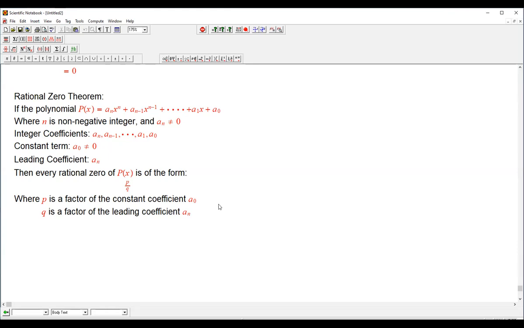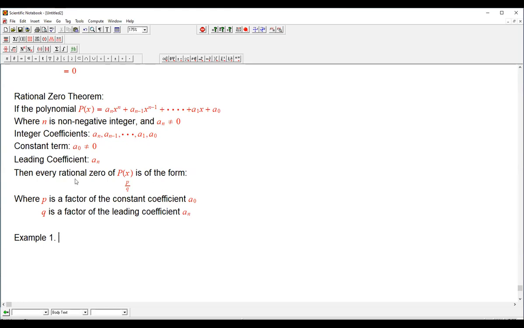We're going to give two examples here. Example number 1. Find the rational zeros. By the way, do you know what a rational zero is? Rational means rational number. Rational numbers are basically fractions. Rational zeros are any zero that is a fraction.